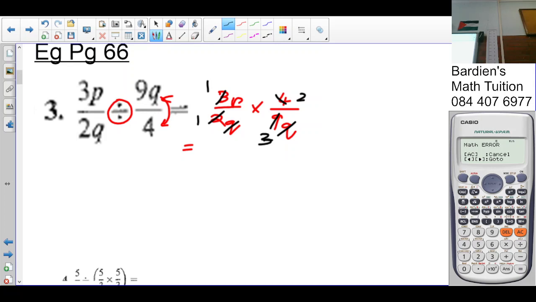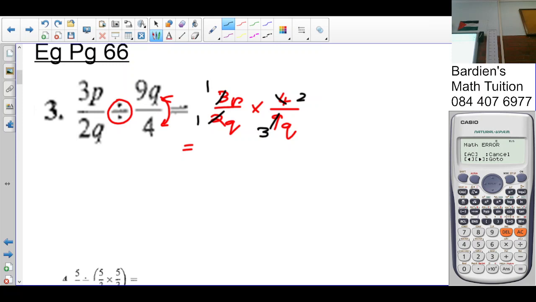No. It's only numerator and denominator that can cancel. If that q was on top and that q was on the bottom, then it cancels. Can you see that? But as it stands, it can't cancel. You guys understand? So that goes 3 times.